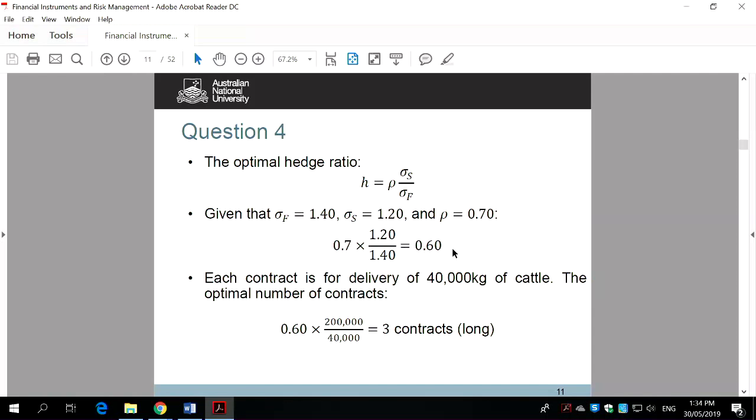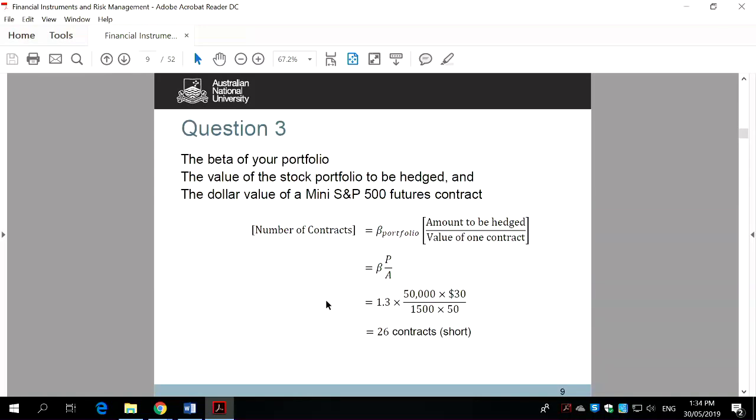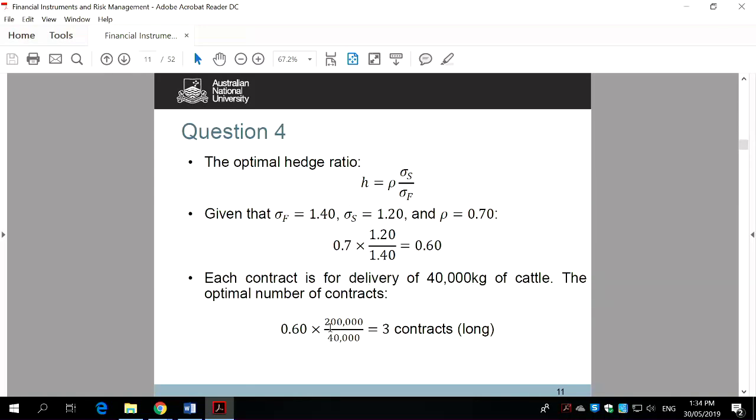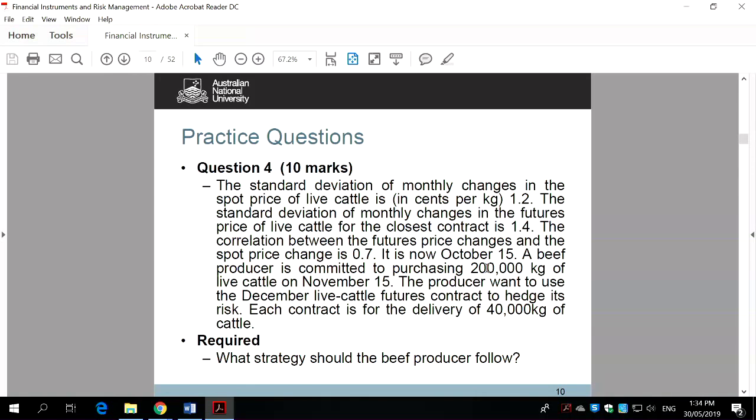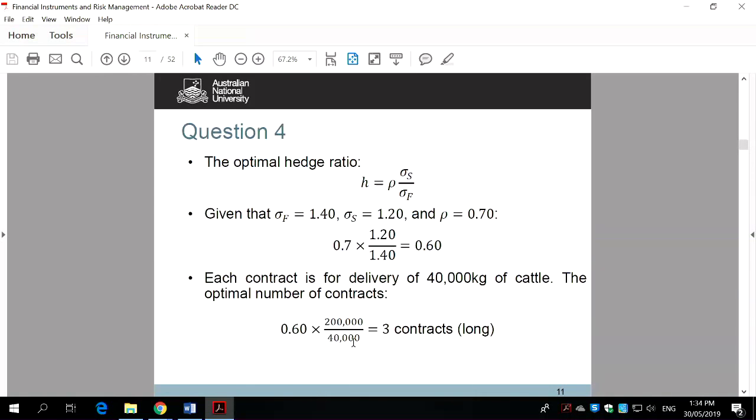Okay? Then having this optimal hedging ratio, we repeat the step that we have done from the previous slides, which is how much exposure we have. So the total exposure we have is 200,000 kilograms, right? And then how much is each contract covering? Each contract is covering 40,000. So total exposure divided by how much each contract covers gives you the number of contracts.